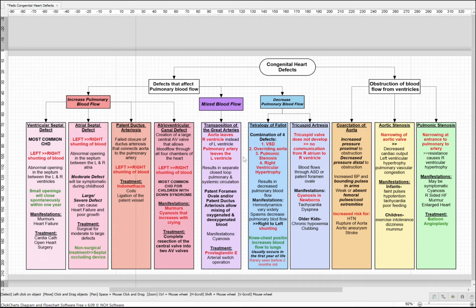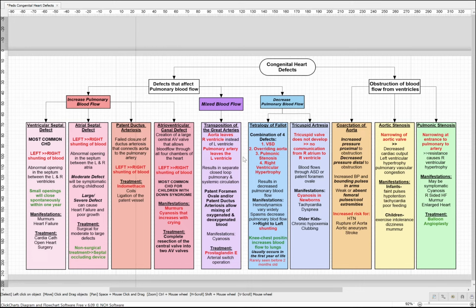So our pulmonary circuit, where blood goes to the lungs, what's happening is that the blood is getting to the left ventricle. It's going through the pulmonary artery, going to the lungs and getting oxygenated, and then it's coming back through the pulmonary vein and being delivered to the left atrium.